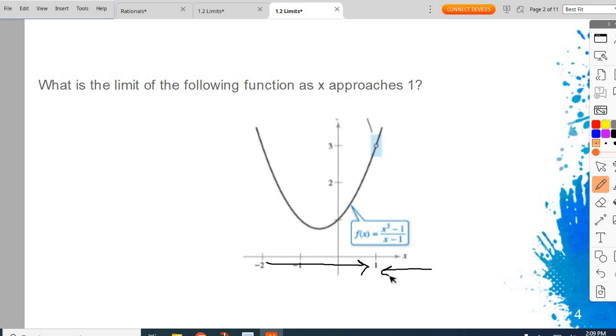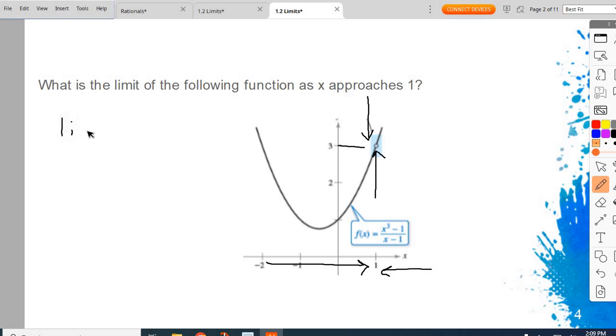And then our f of x is going to be approaching some other number, or a y value. In this case, notice that we are getting closer and closer to that open circle. Now, what is the y value at that open circle? 3. Or at least it looks like it should be 3.